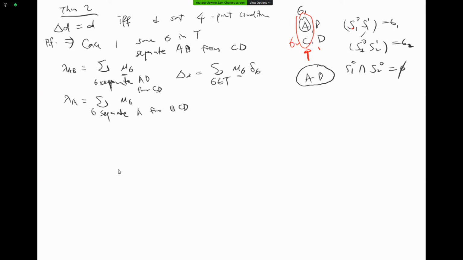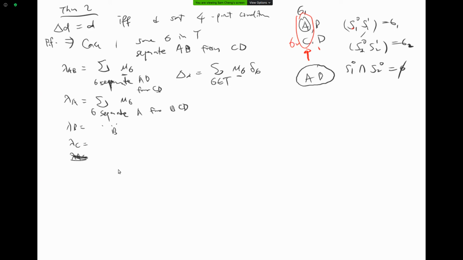Similarly, I can define lambda B as the same thing, where B is separated from ACD, and lambda C and so on. Note there's no need for me to define lambda AC or lambda AD, because once I have some sigma that separates AB from CD, I cannot have some sigma that separates AC from BD.